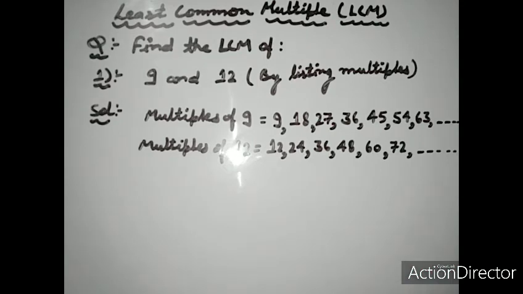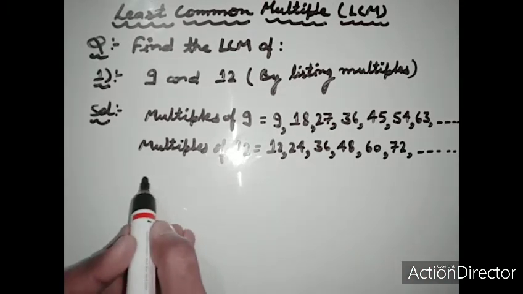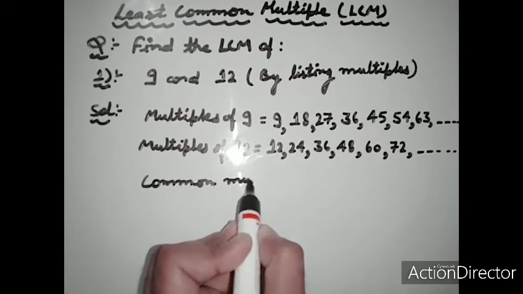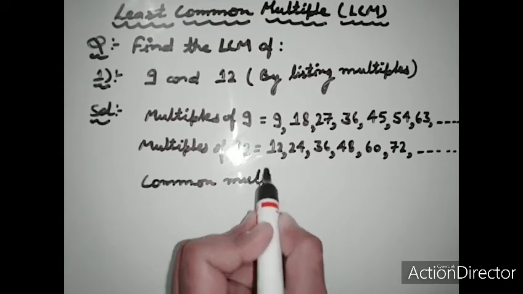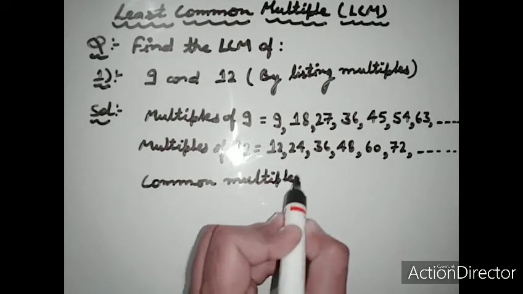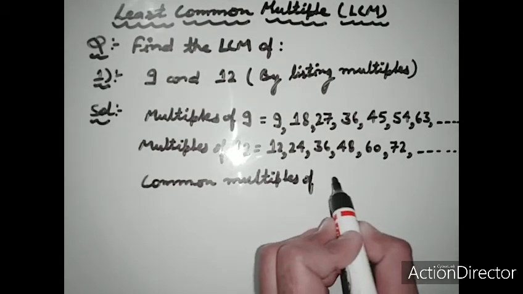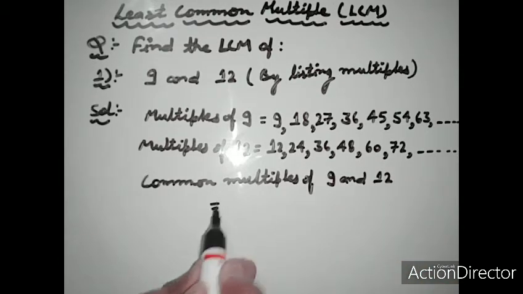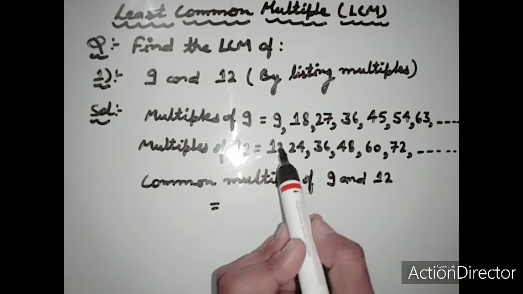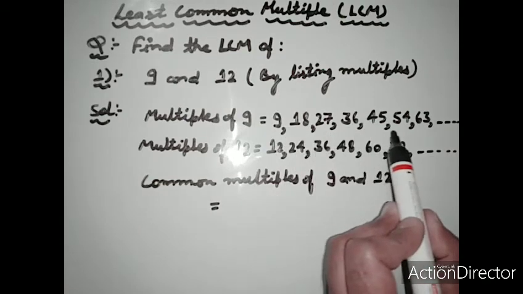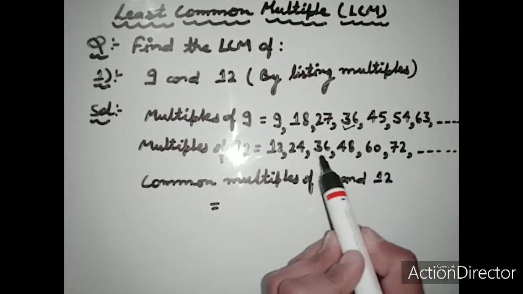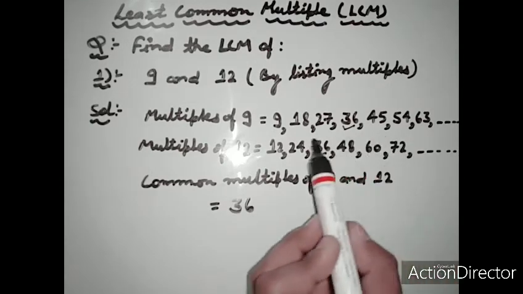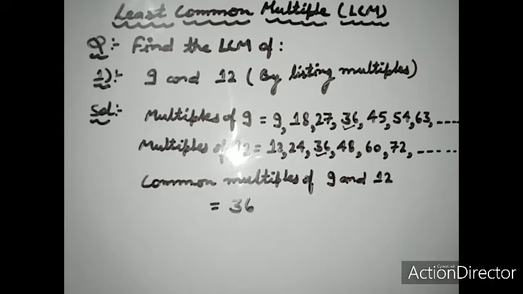Now here we write the common multiples of 9 and 12. So what are the common multiples here? Here we get 36, so here we write 36, and only 36.